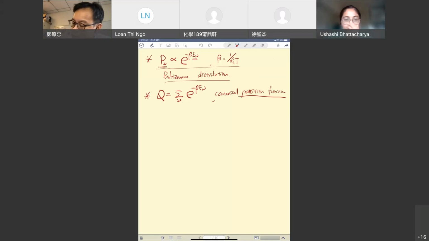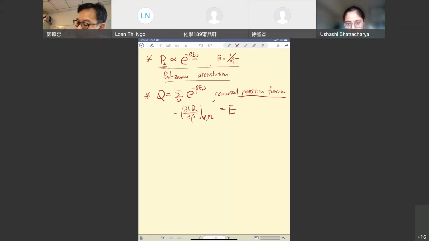For example, we find that minus partial natural log Q partial beta, at a fixed volume and number of particles, gives us the average internal energy of the system. So this is very useful.